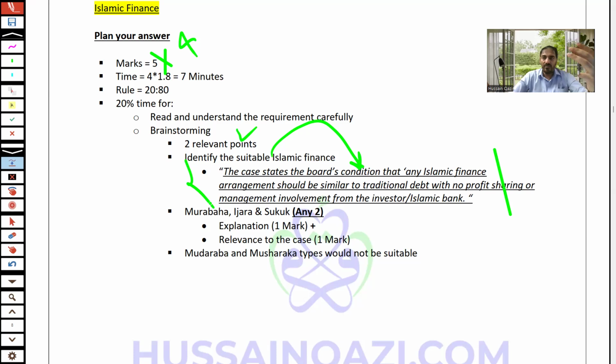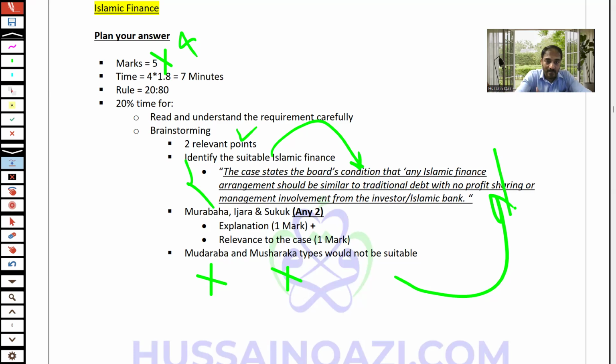There are multiple sources of Islamic financing, like Mudarabah, Musharakah, Murabaha, Ijara and Sukuk, but you cannot refer to Mudarabah and Musharakah. They don't suit these conditions, because with them the investor will be involved in the profit sharing and also in the decision-making activities.